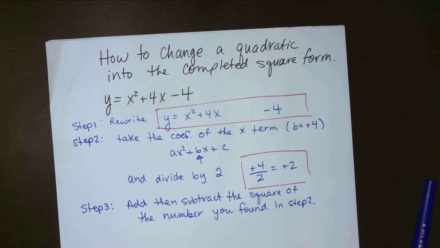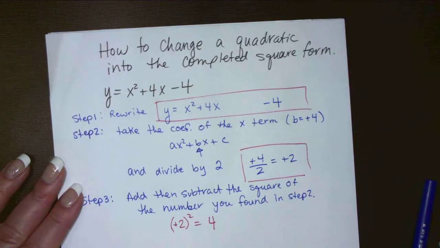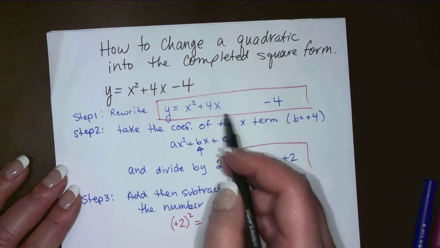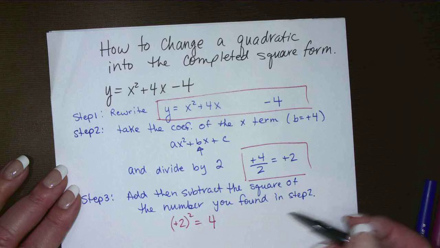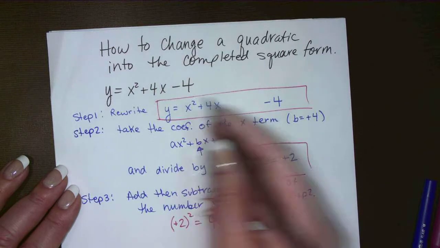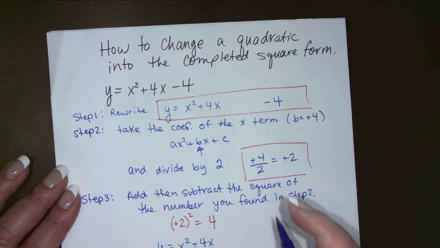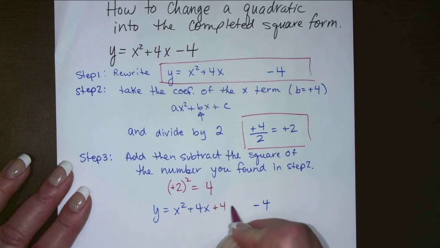So what's the square? What does that mean? So you're going to take +2 and square it, which is what? 4. So you're not going to write all these words out as you do it, so it'll be much quicker, because you're just going to go back up here where you left a space, and you're going to add and subtract 4. So we'll rewrite it how we had it, because I want it to look in order so you can see what happened. We had that from step 1 with that space. You're going to add and subtract the 4 right in here.